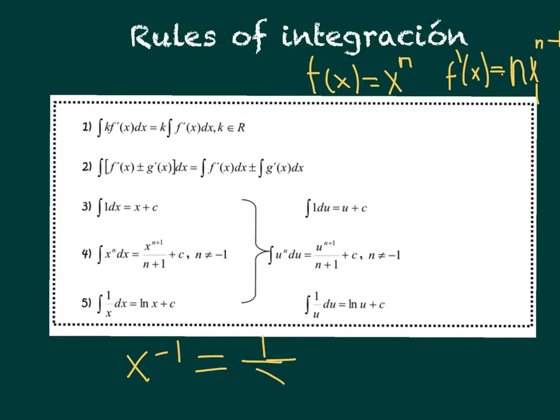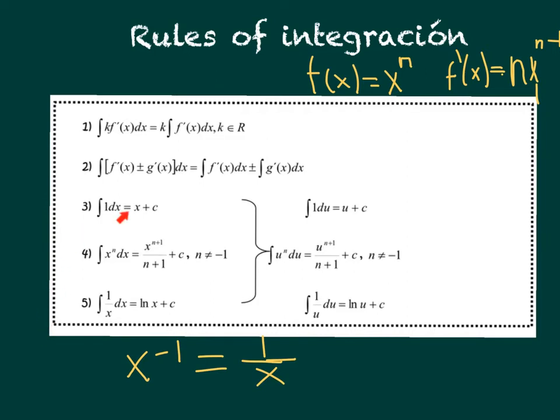That's why I'm saying this is the exception of this rule when n equals -1. So the integral of 1 over x times dx equals the natural logarithm of x plus c, which is the exception of this.